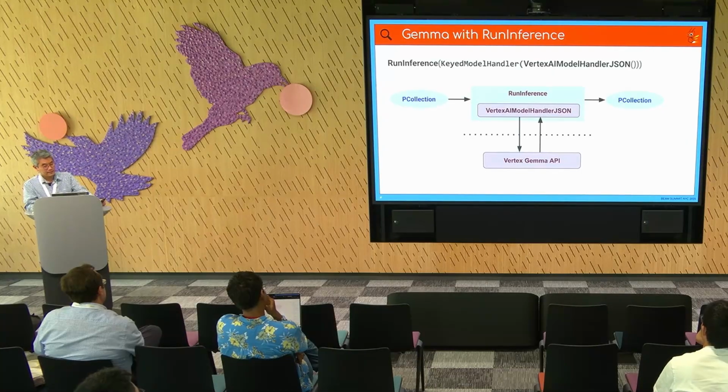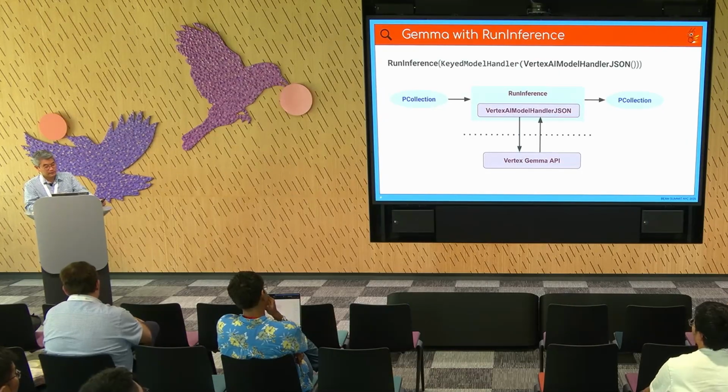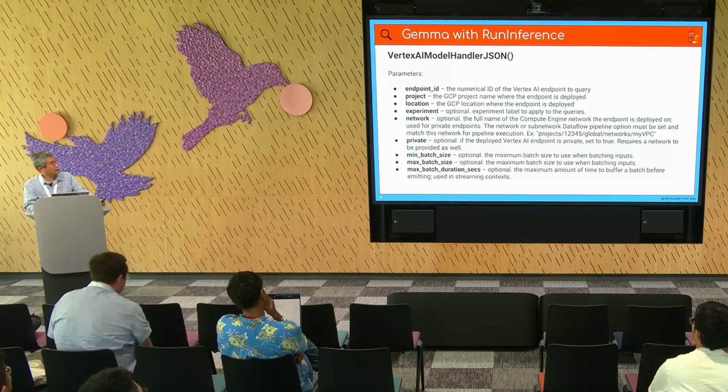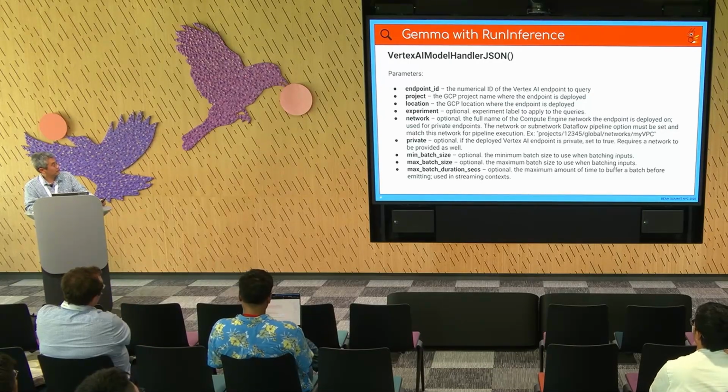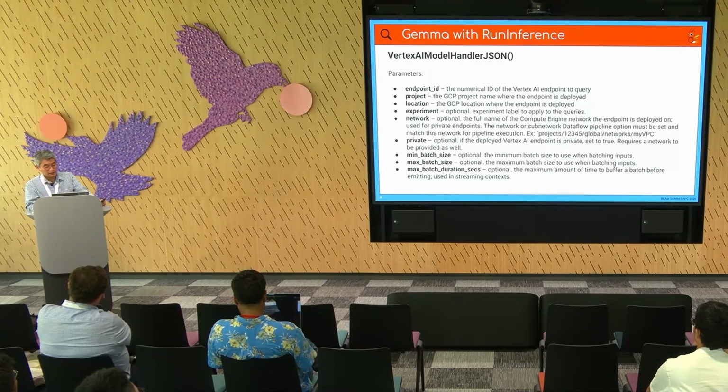Next, Gemma with the Vertex AI model handler JSON. This is again just a parameter list review. With the Vertex model handler, there's no model type because you already deployed the model behind the endpoint.